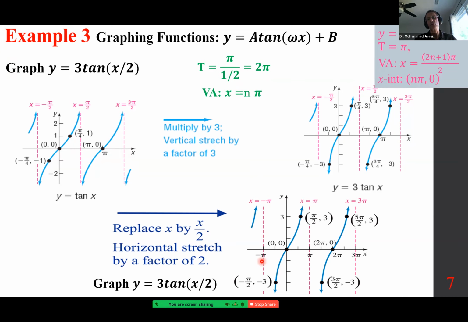You can continue indefinitely on both sides. For example, 3 pi, and over here, we get negative 3 pi. We continue, we get 5 pi. This one.